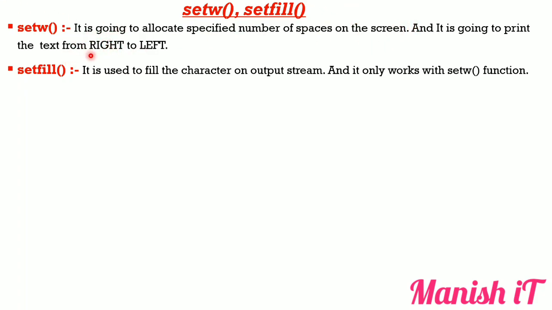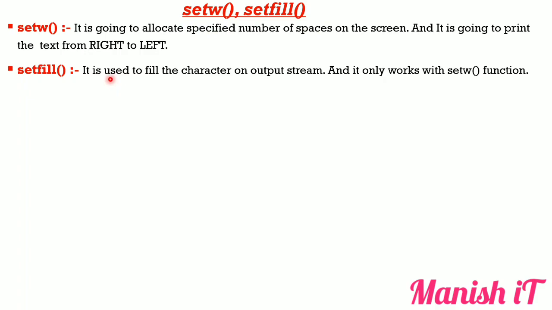Generally it goes left to right, but here it is printing right to left. setfill is used to fill the character on the output stream, and it only works with the setw function. Whenever you use the setfill function, you have to use the setw function, then it will work, otherwise it will not work.